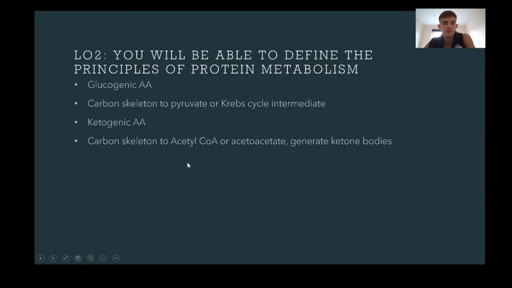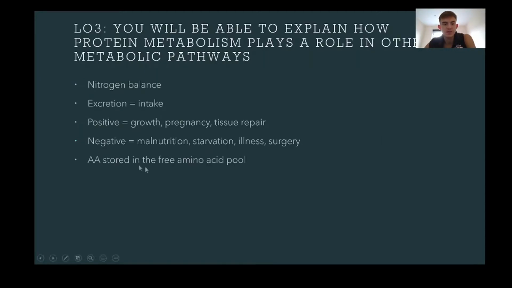So if we talk now about different types of amino acids, we've got glucogenic, which have carbon skeletons which are made into pyruvate or Krebs cycle intermediates. Or we've got ketogenic, which, as you guessed, generate ketone bodies from their carbon skeletons, or acetyl-CoA, which is also very important. So if we talk about nitrogen balance, obviously amino acids are a major source of nitrogen, and nitrogen balance just basically talks about excretion equalling intake.